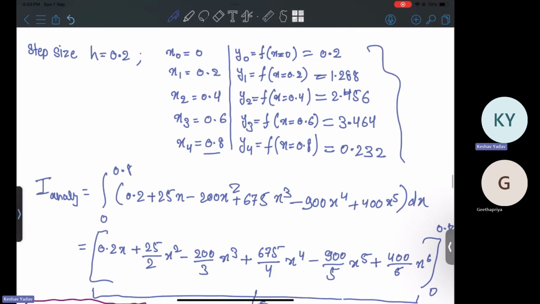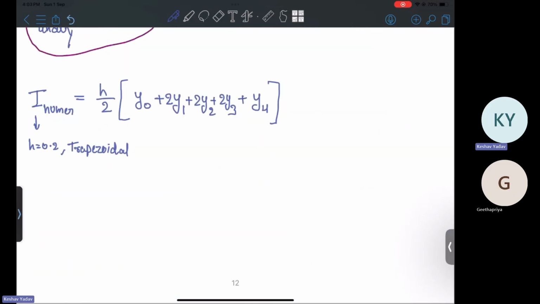Now these values will be put there and we will find the value of I numerical.